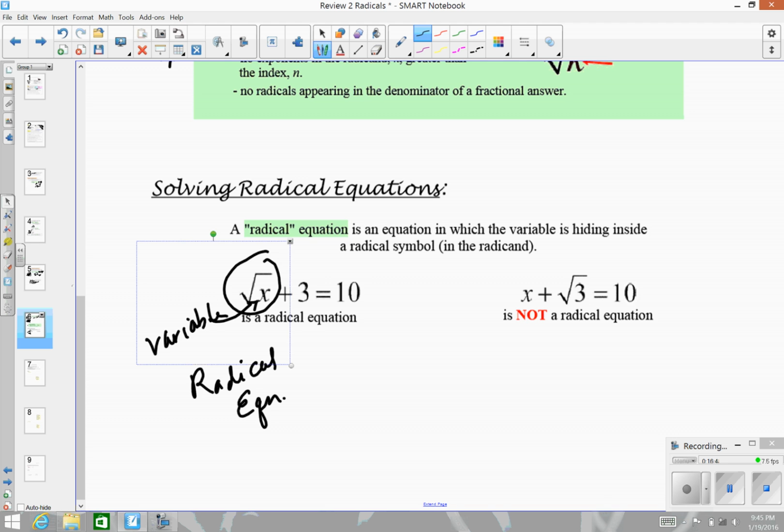Over here though, I have a radical, but my radicand is a number, it's a constant and not a variable. So if I have no variable here, this is not a radical equation.